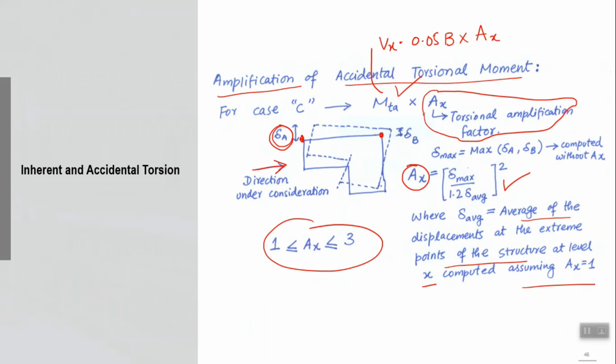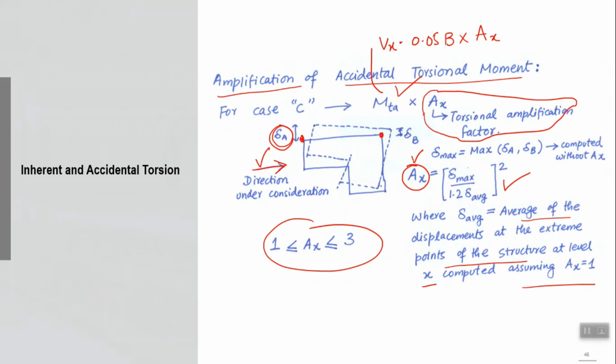You can guess from the construction of this expression that if, due to the application of lateral force, the building tends to rotate quite a lot, more than a particular limit, and your building is irregular and your seismic design category is D and above, then you should calculate this Ax factor.